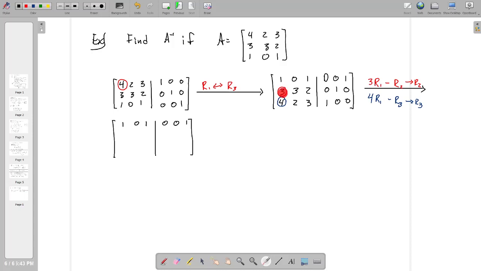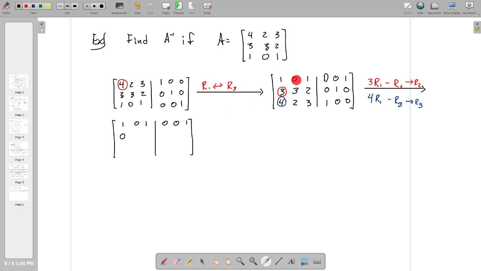Now the second row is going to change, and we're using this manipulation here: 3 row 1 minus row 2. 3 times 1 is 3, 3 minus 3 is 0. We should have a 0 here because that's how we came up with this particular manipulation, to get a 0 here. That's what we got.